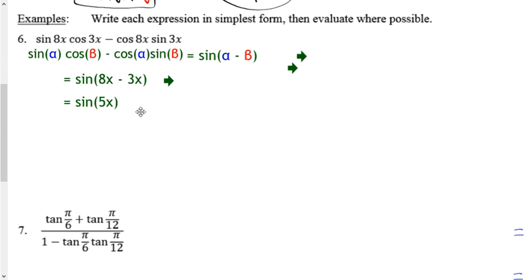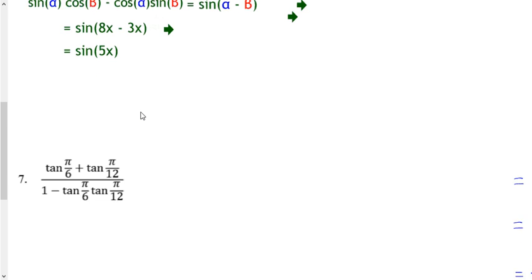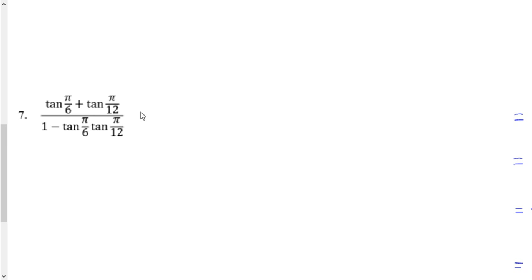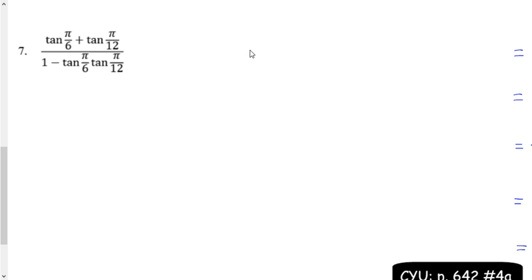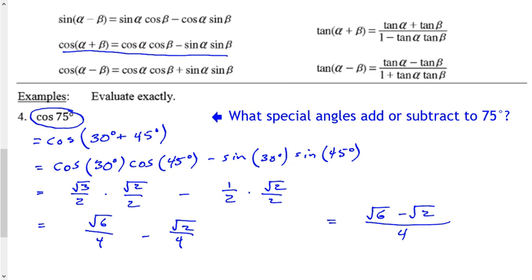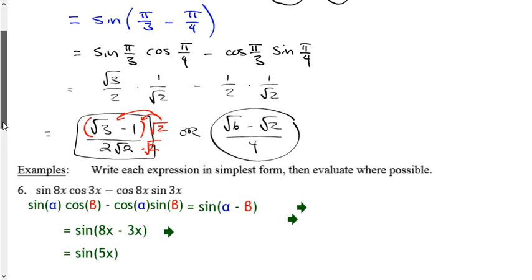All right, question number 7. Similar, we want to look and see, can we find this as an identity on the formula sheet? So I look at the identities and I observe, oh yeah, so I have an addition on the top and subtraction in the denominator. Let's look at the question again.